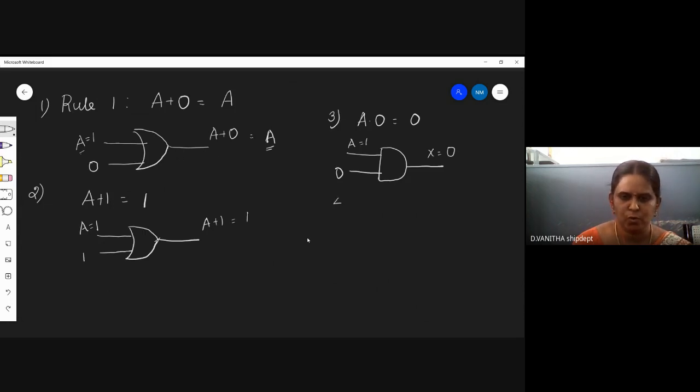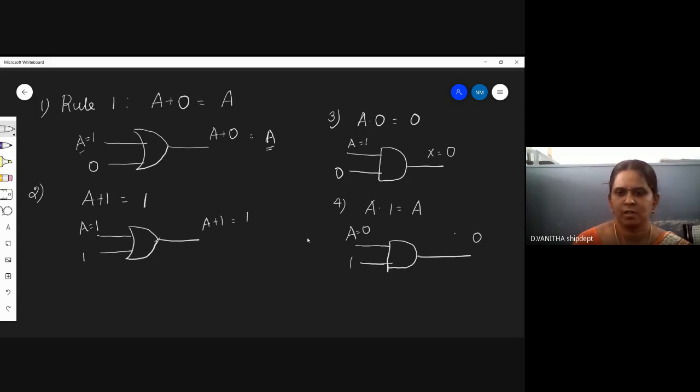Fourth rule is A into 1 equal to A only. So for that also we are using the AND gate. So here it can be drawn like this way. This is A and this is 1. You are getting the answer as A. If A is equal to 0, A into 1 is equal to 0.